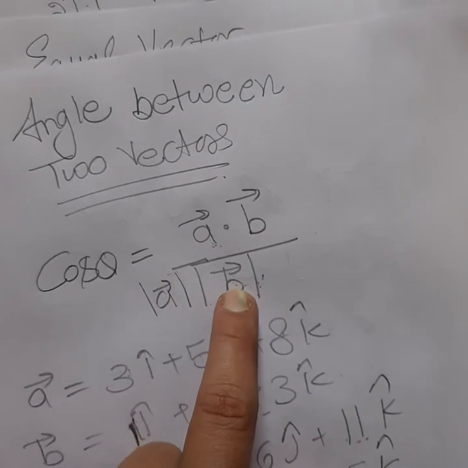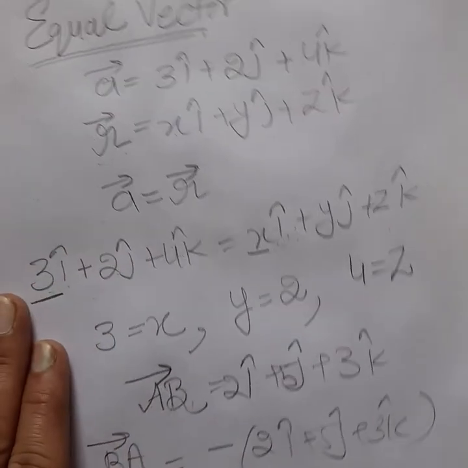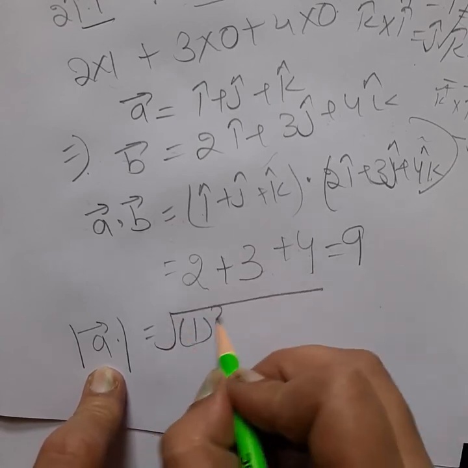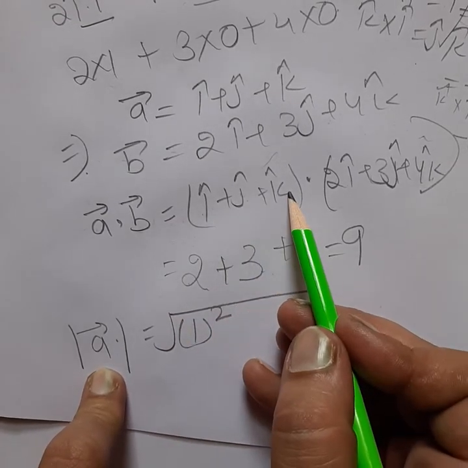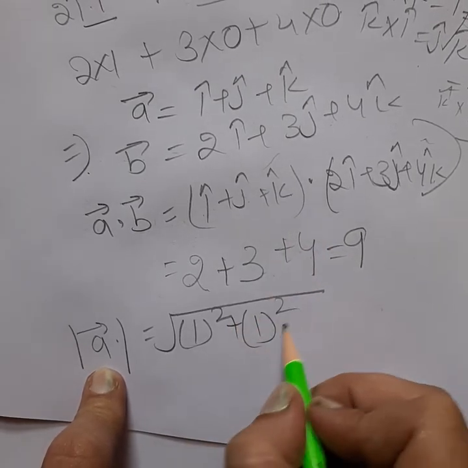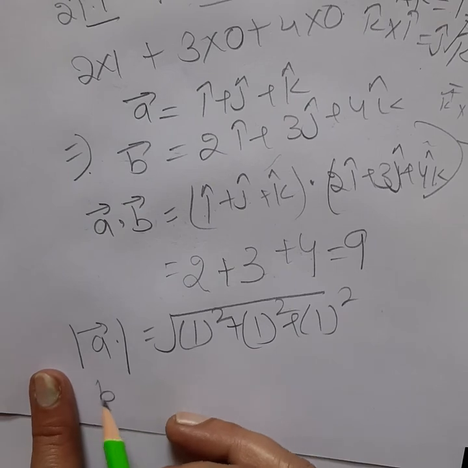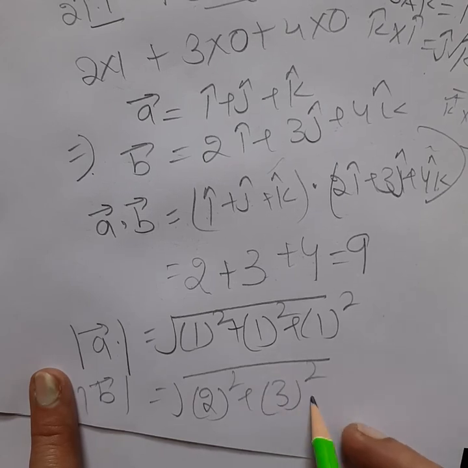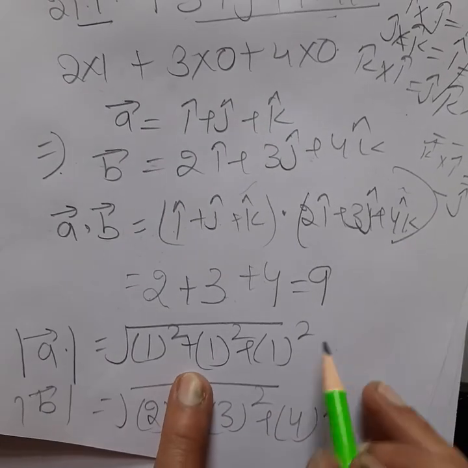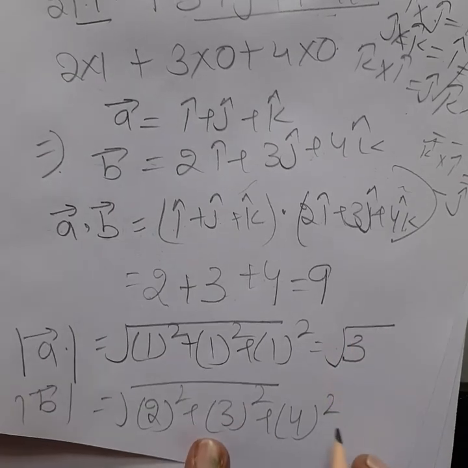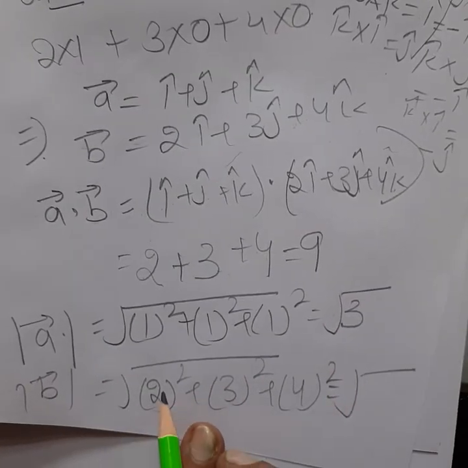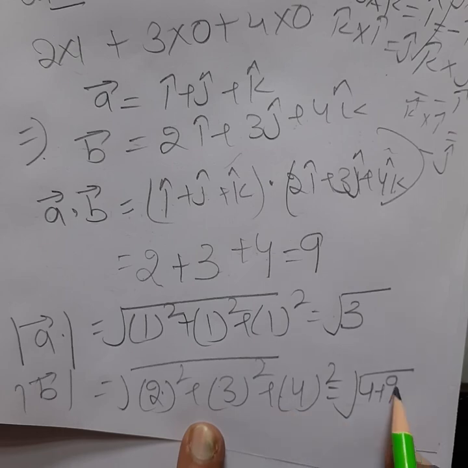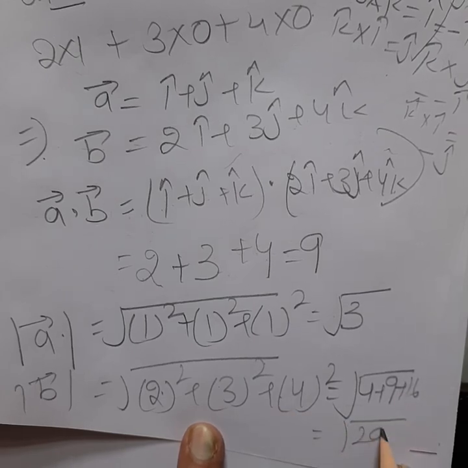So we take the magnitude of a, and we write 1 squared, because the components of i, j and k are 1, so 1 three times. For the magnitude of the b vector, we write 2 squared plus 3 squared plus 4 squared. So we write square root of 3 for a, and 2 squared is 4, plus 3 squared is 9, plus 4 squared is 16, and we get root 29.